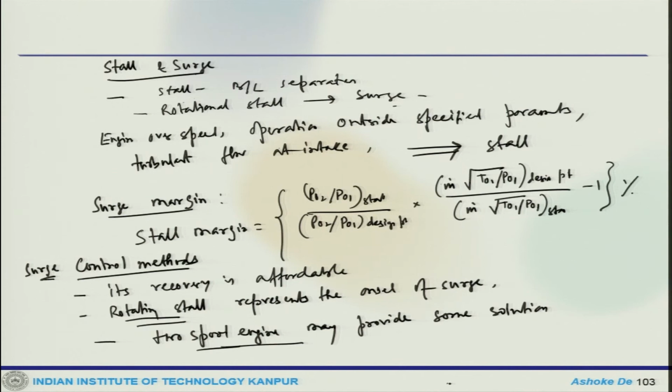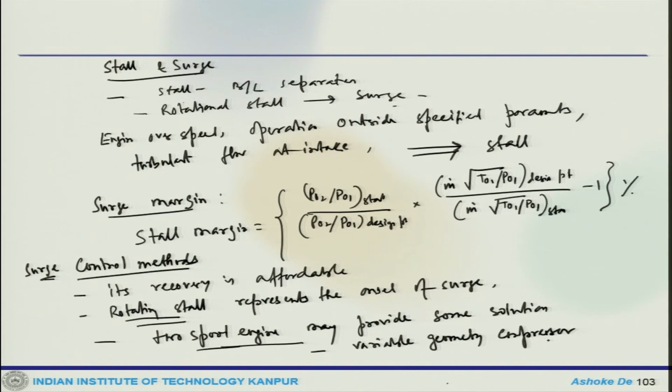Moreover, they developed the variable geometry compressor. This can also provide a solution to control some of these problems, just to overcome the surge.